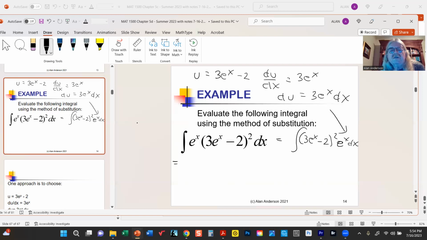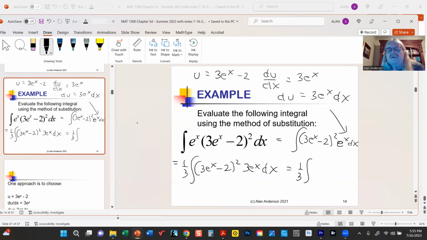So let's write this as 1/3 times (3e to the x minus 2) squared. And don't forget, I've moved the e to the x over here, so this becomes 3e to the x dx. All right. Now it's in a good form because you can see that it's just 1/3 times the integral of u squared du. This is all du. This is all u squared.